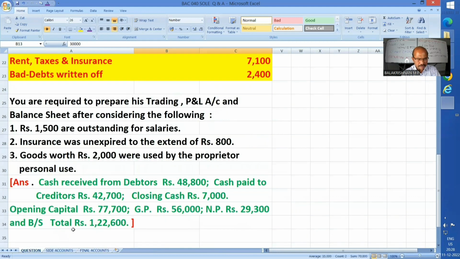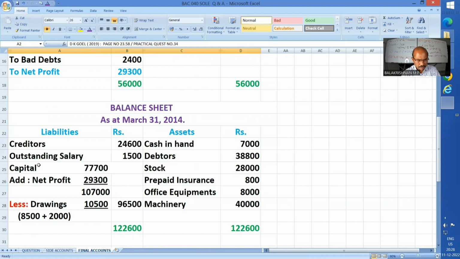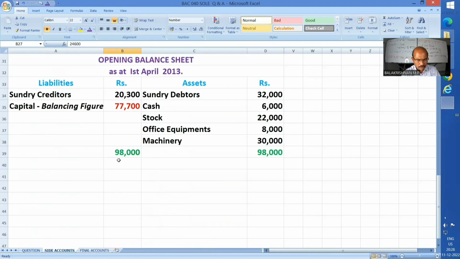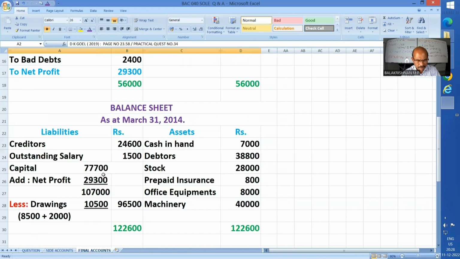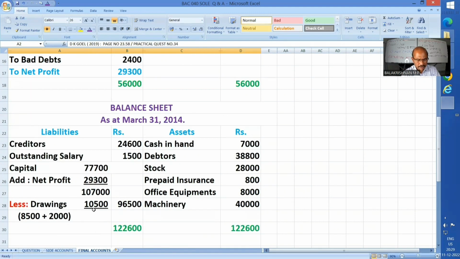I know that each adjustment has to come in two places, the basic technique of preparing a final account. So 1,500 outstanding salary. Capital: opening 77,700, and net profit 29,300 gets added, 1,07,000, minus drawings 10,500.